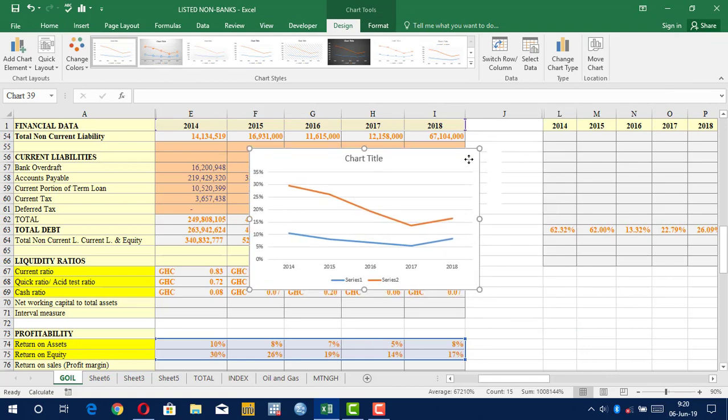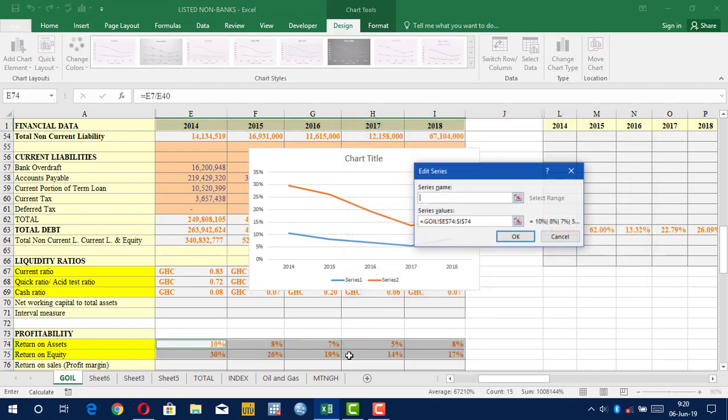So we will take the percentage and then let's edit. This is for return on assets, and then we have return on equity.